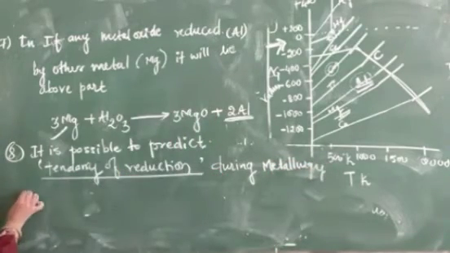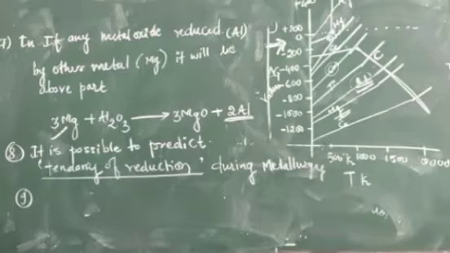Okay, then the 9th point: the relative stability of metal oxides.